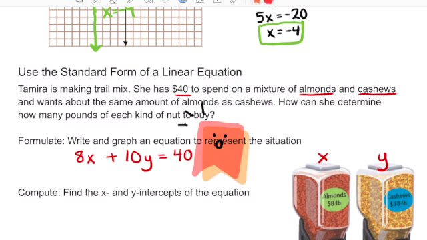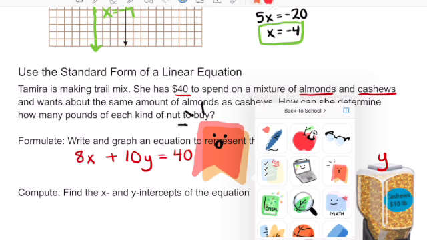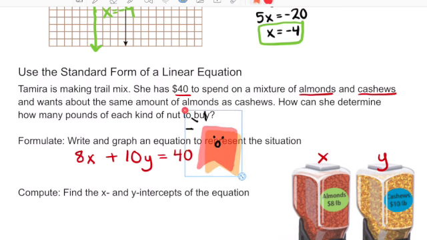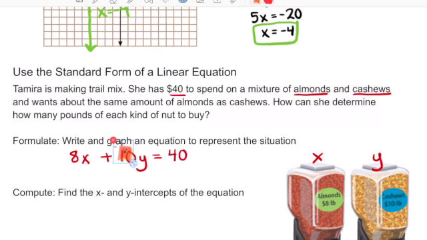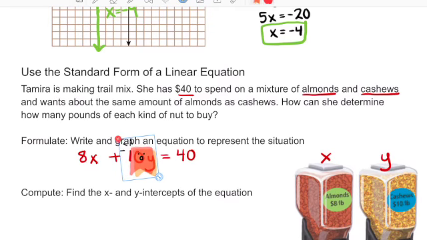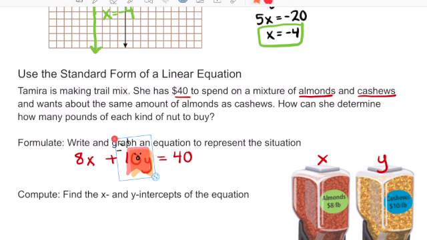So I'm going to grab my little stamp and cover the y term so that I can figure out what my x is. Now if I divide by 8, 40 divided by 8 is 5. So my x-intercept would equal 5, when y is 0.